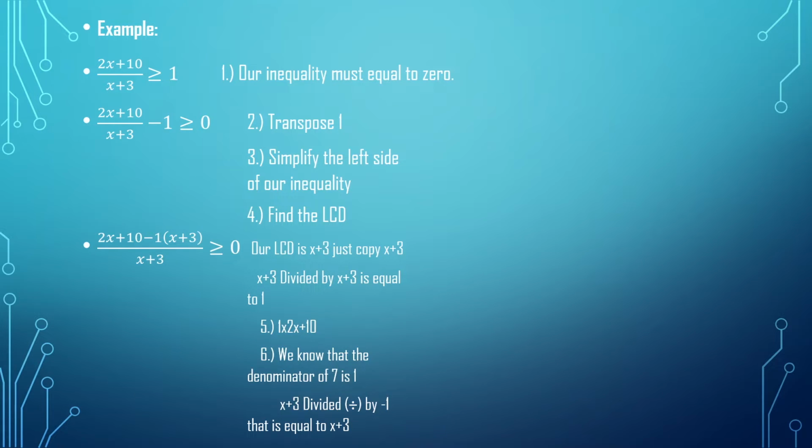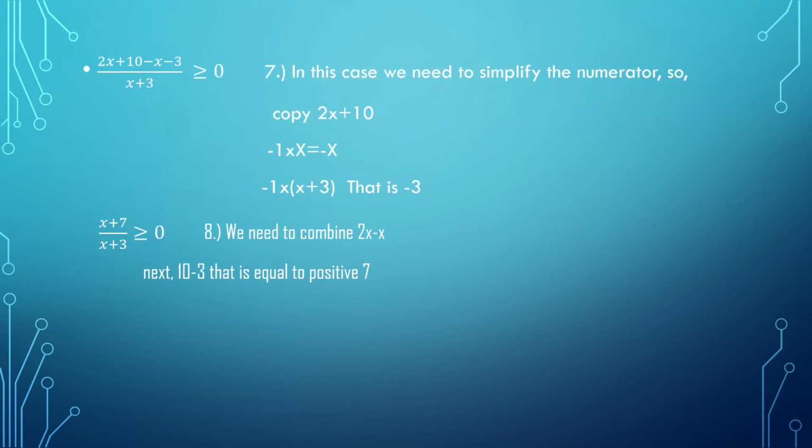x plus 3 divided by x plus 3 is equal to 1, and we copy the numerator. So in this case, we need to simplify the numerator. Copy 2x plus 10, then minus 1 times the quantity x plus 3, that is equivalent to -x minus 3.